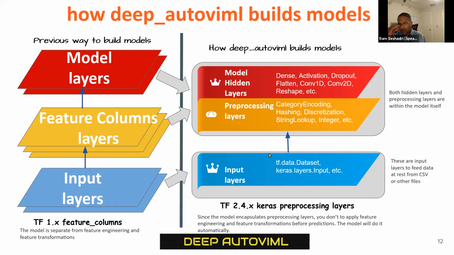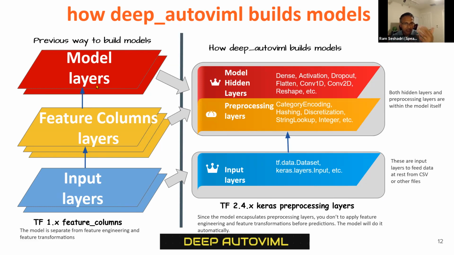All right, so how does Deep AutoViML build models? In the old TensorFlow 1.x, you used to use feature columns, and you would have input layers, and then you would define keras.input. For each feature, you define a feature input. You would then define for each feature how it should be processed using something known as a feature column.